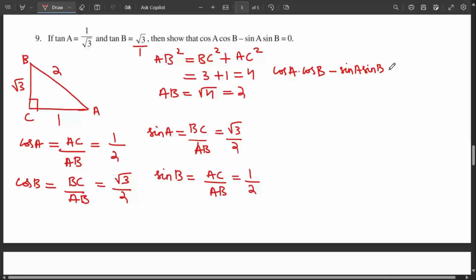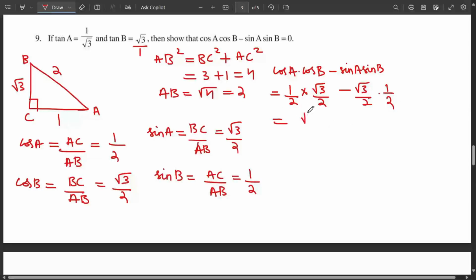If you keep on writing equal to 0 each time you simplify a step, then you will lose marks, because you are supposed to prove that this is equal to 0. So just write this expression, then immediately after writing this, put an equal to sign, then write what is cos A. Cos A is nothing but 1 by 2. What is your cos B? Cos B is nothing but root 3 by 2. Sin A is equal to square root of 3 by 2, and sin B is nothing but 1 by 2.